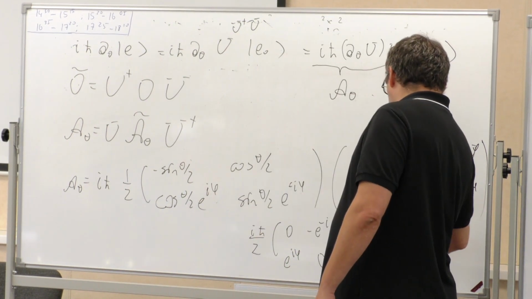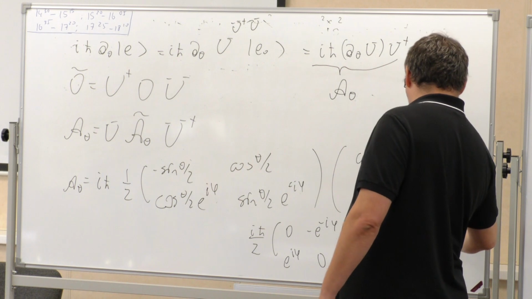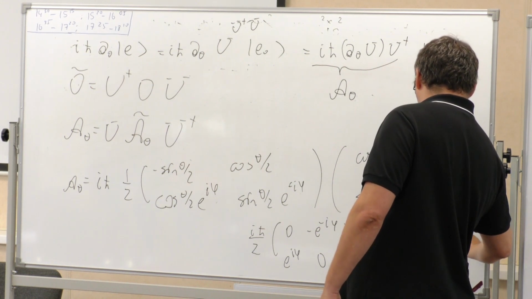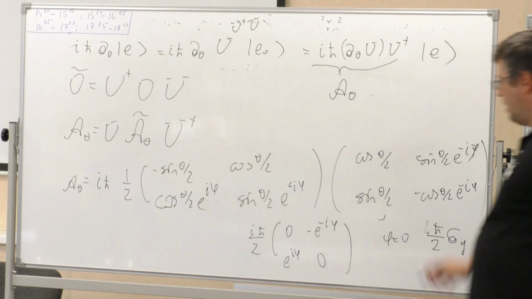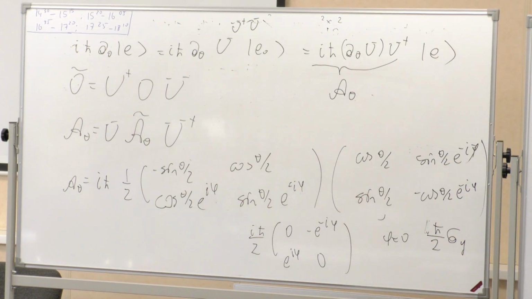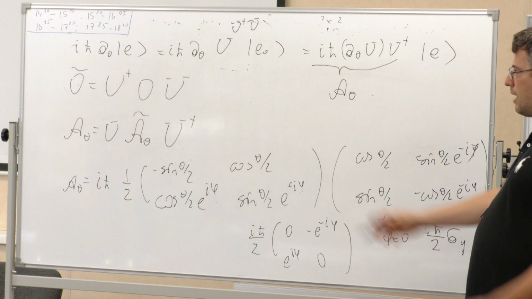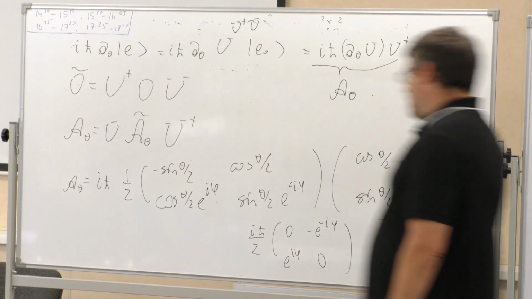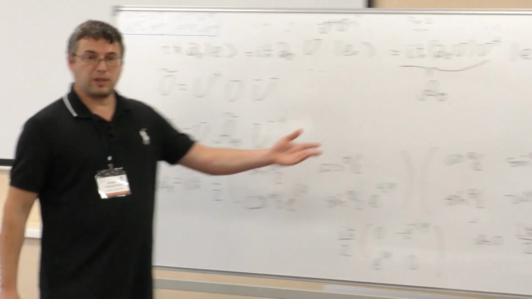And in particular, when phi is equal to 0, I'll get i h bar, so I will get h bar over 2 times sigma y. And if I choose phi equal to pi over 2, I will get h bar over 2 sigma x. But then you see that's exactly what we were expecting, at least from the analogy with classical systems. The generator of rotations is nothing but angular momentum.